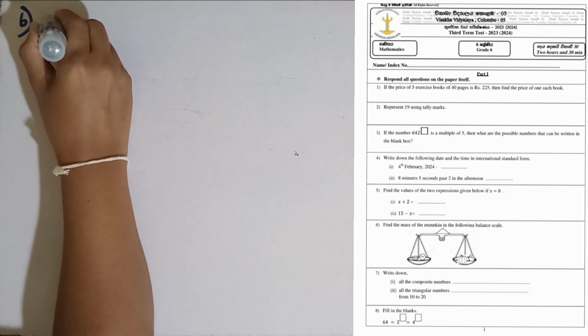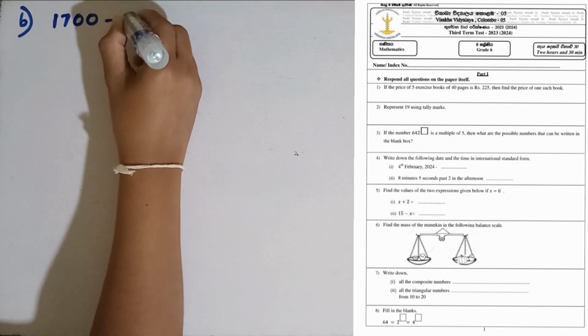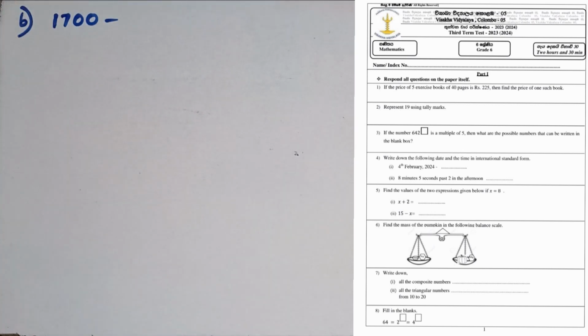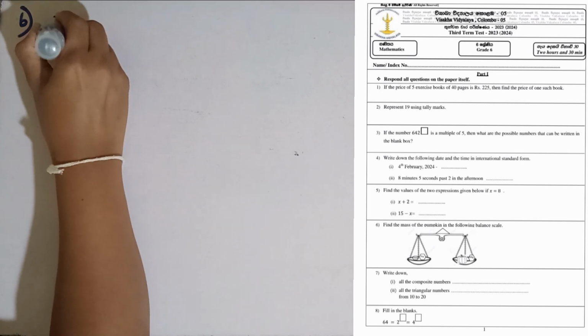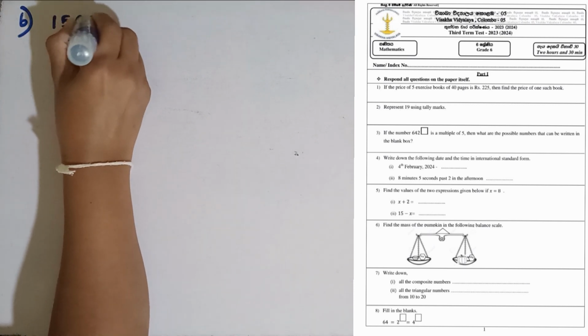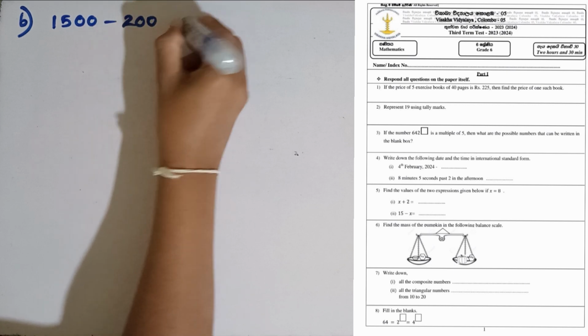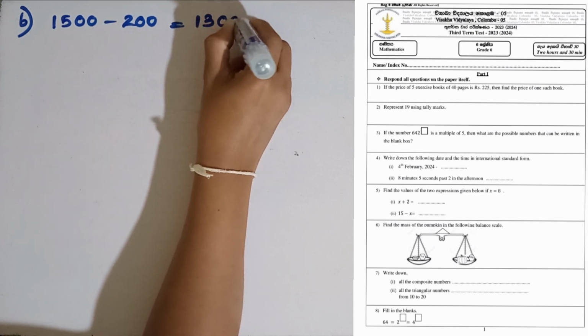1500 minus 200. The mass of the pumpkin is 1300 grams.